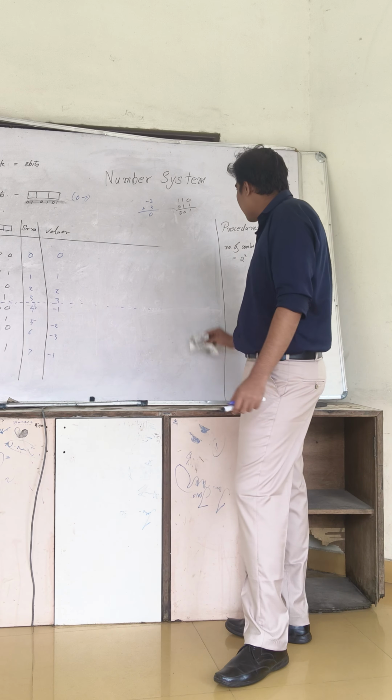So again, the procedure I will follow is complementing a value and adding 1 to it. Let's take an example of 2, which is represented using 0, 1, 0.